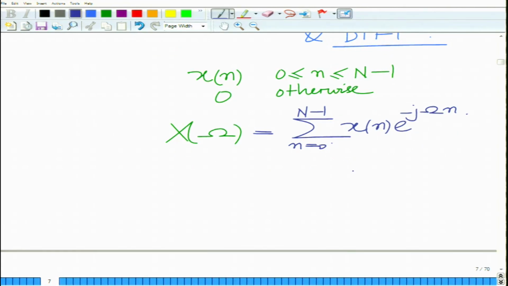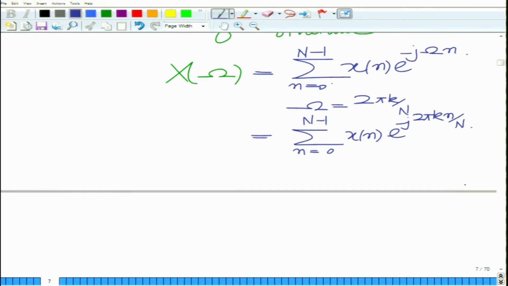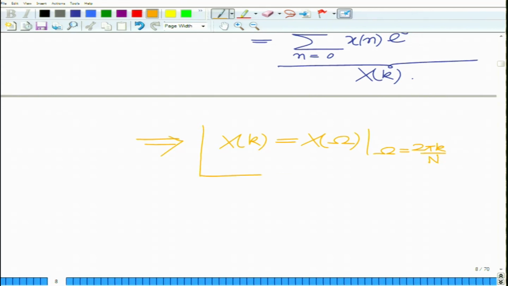Now, if you substitute omega equal to 2 pi k over N, this will become summation n equals 0 to N minus 1 x n e raised to minus j 2 pi k n over N, which is nothing but the DFT coefficient X k. So, this implies something very interesting, that your X k is nothing but the DTFT X of omega evaluated at omega equals 2 pi k over N.